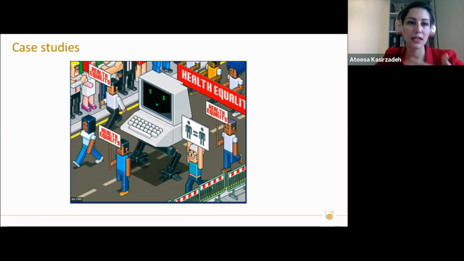According to the way the system made the allocation, only 18% of the patients that the algorithm assigned to receive extra care were Black. However, if the algorithm had considered this correlation, this figure should have been closer to 47%.